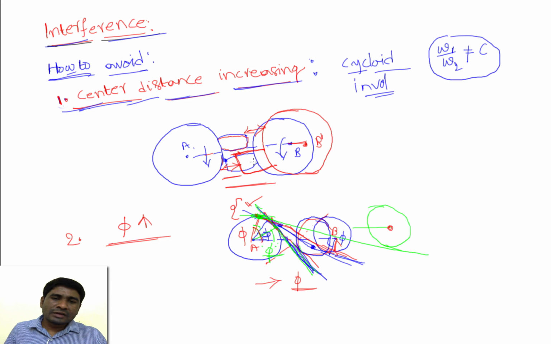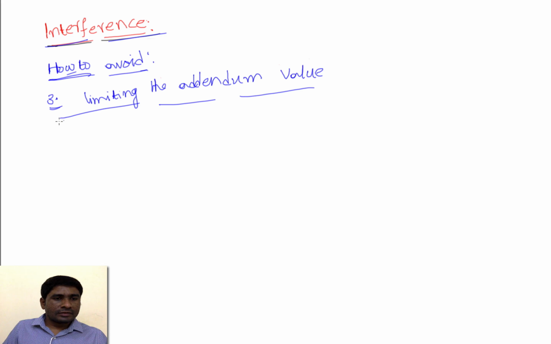We have seen in the above case that with increasing the center distance, interference is automatically avoided. Another way of avoiding interference is limiting the addendum value, because the tip of the tooth is touching the base circle. So that's why we need to limit the addendum value.